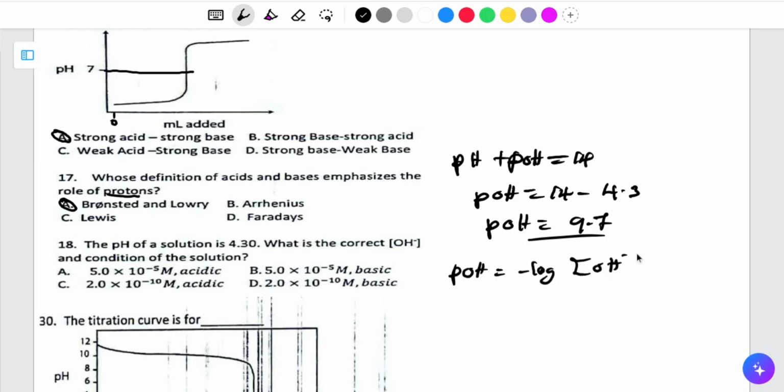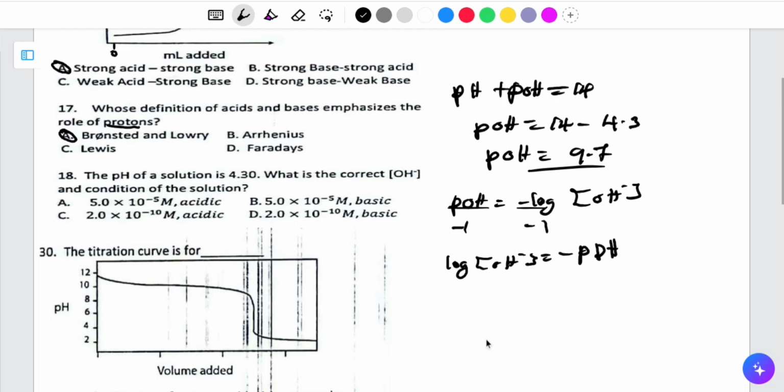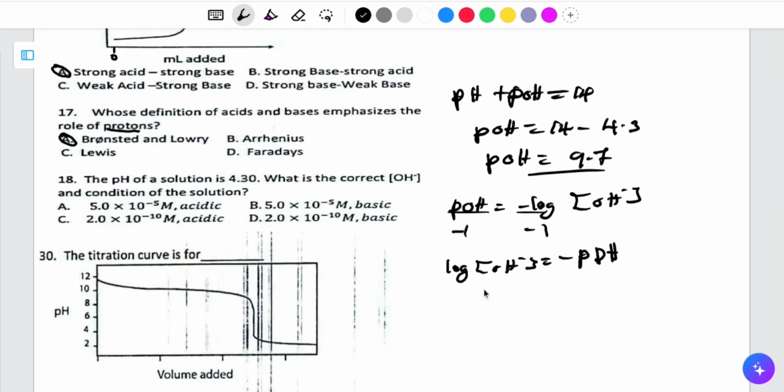Then here I can divide by -1, even here by -1. Okay, so what are we going to have? We're going to have log of hydroxide ion, and this is going to be equal to negative pOH. So we can express this one in exponential form, where the hydroxide ion is going to be equal to 10 to the power negative pOH.